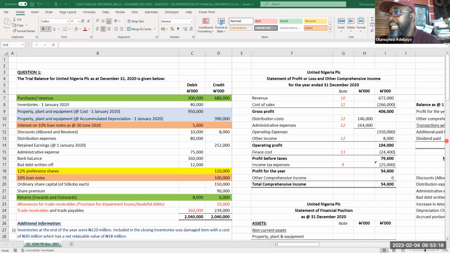Okay, there's somebody here, Bright. Bright, you said 15% of 580 won't give 840. Where's the 580?